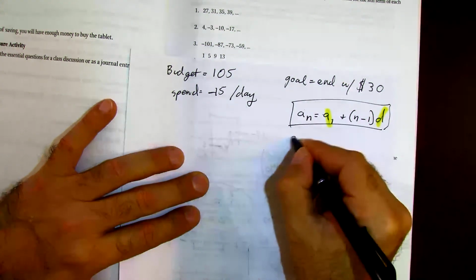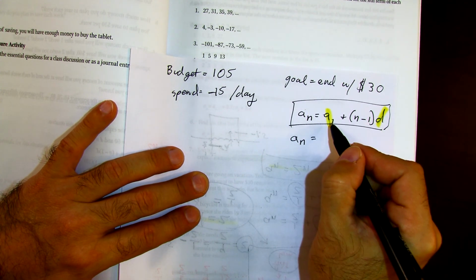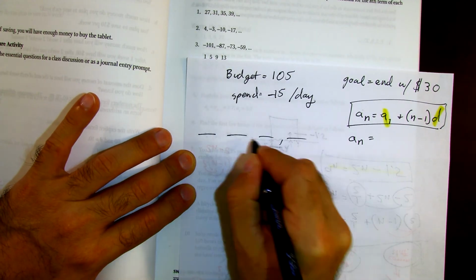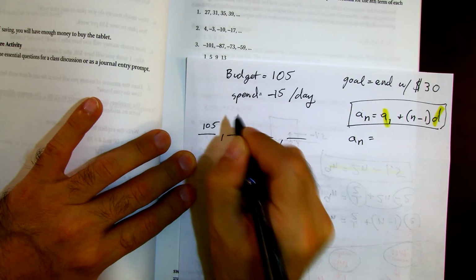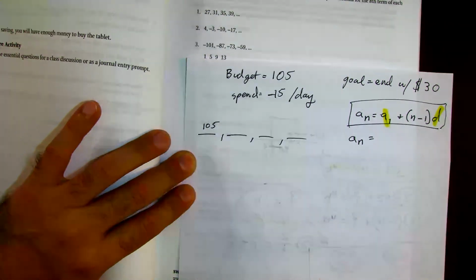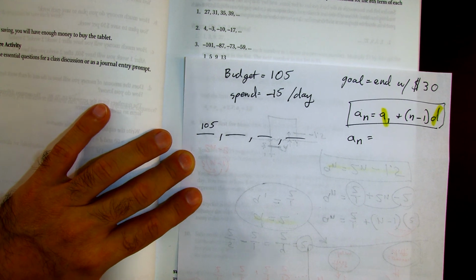Okay, so looking at that, let's go ahead and input some information. What did we start with? What was the first term? We started with $105. That was the first term. We're just having a sequence of numbers that is going to represent us spending $15 a day.